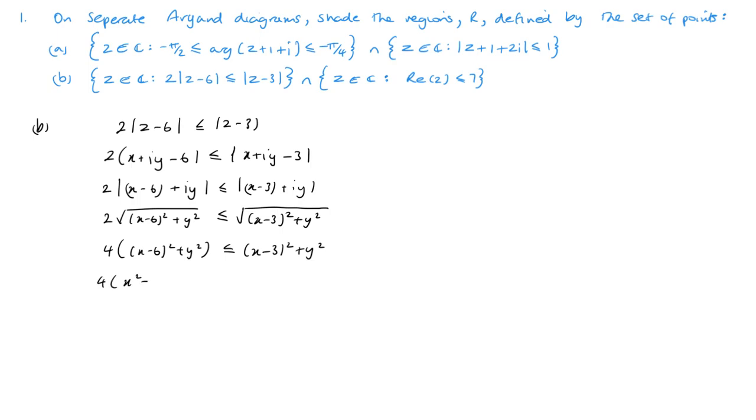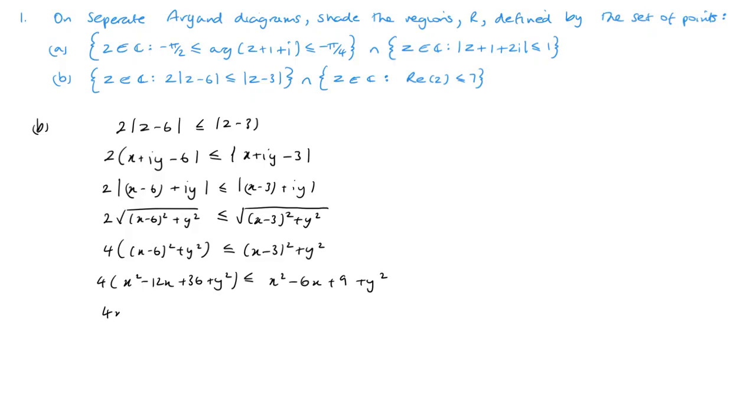So x squared minus 12x plus 36 plus y squared, and this is x squared minus 6x plus 9 plus y squared.